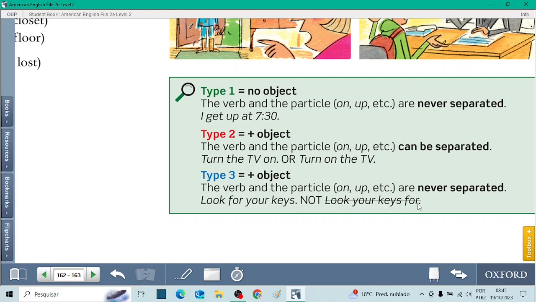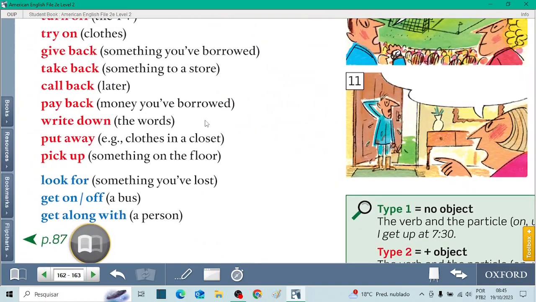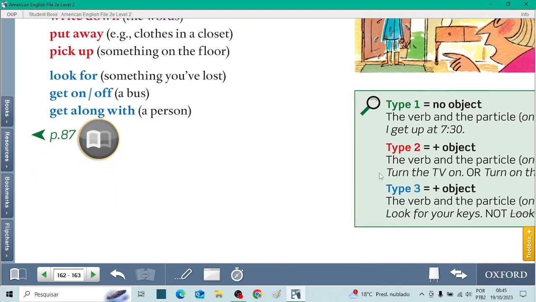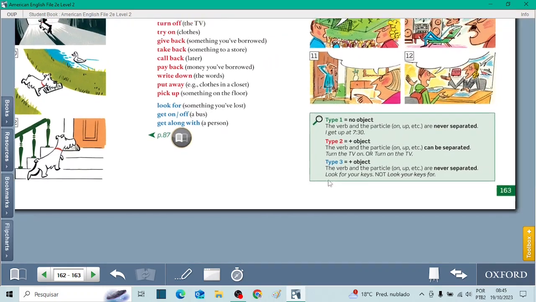So it's wrong to do that, all right? You should never separate them. Like here, for example, I am looking for my keys. Please get on the bus, get off the bus. Or I don't really get along well with my cousins. Okay, so you can use these examples.